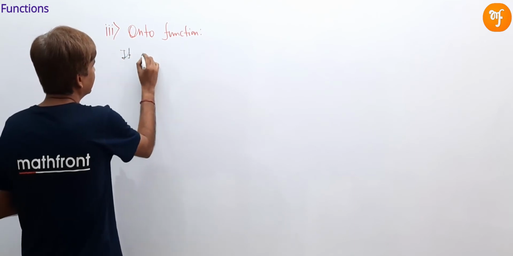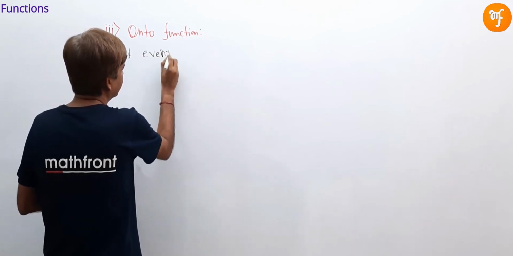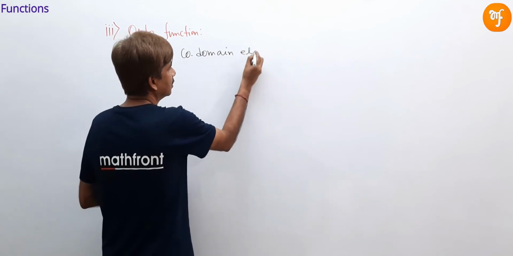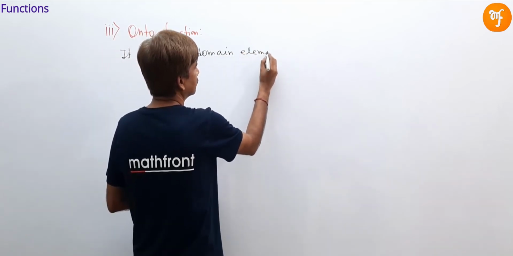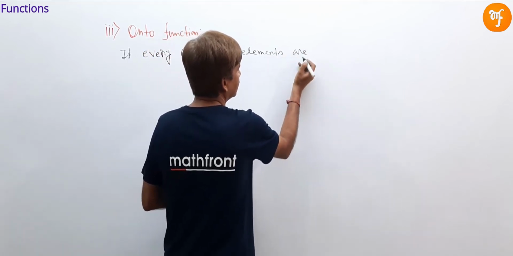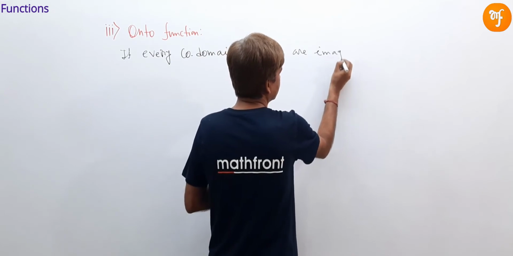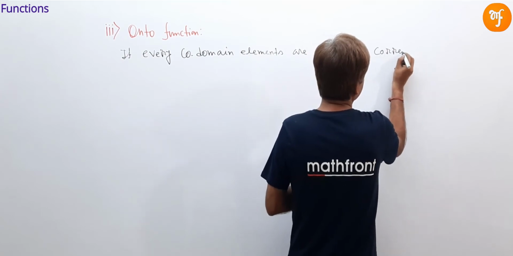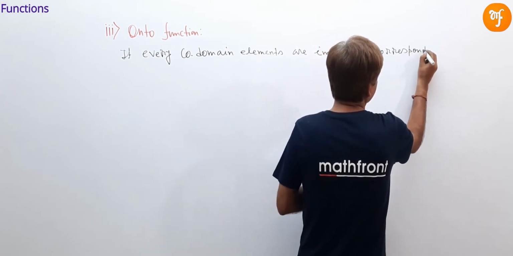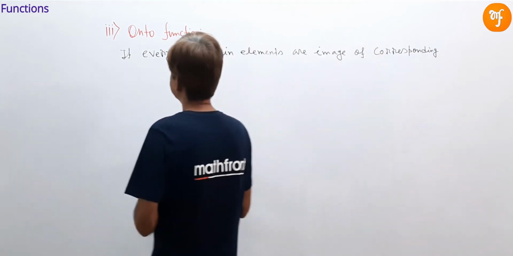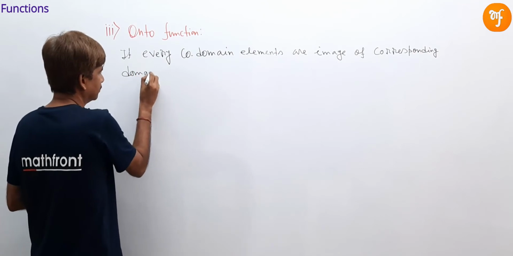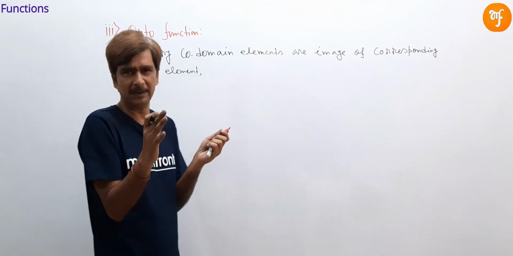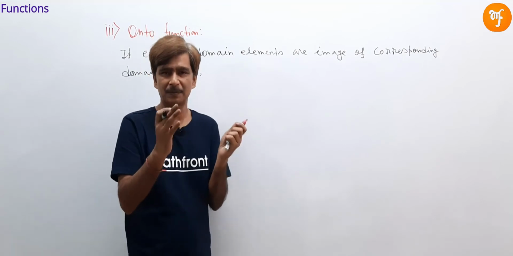If every codomain element is the image of some corresponding domain element, that is every codomain element is the image of a corresponding domain element.